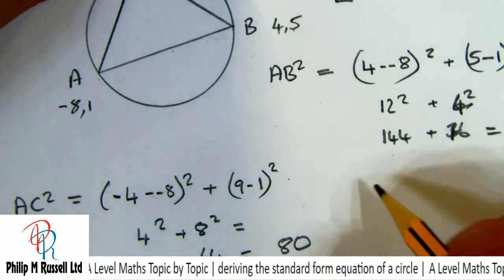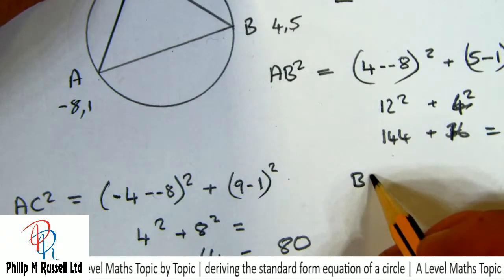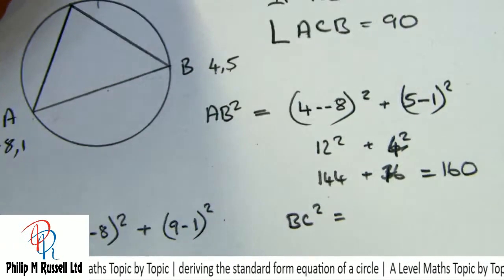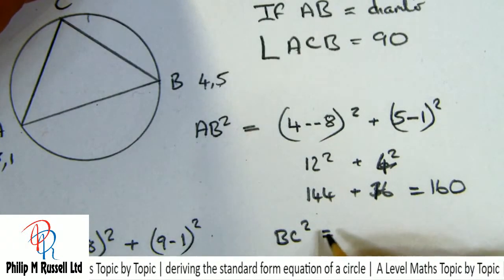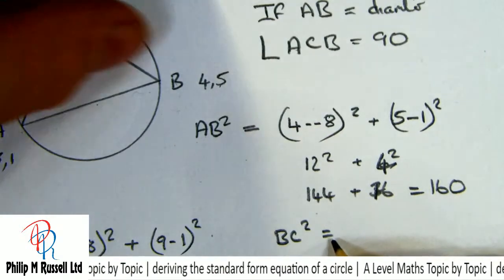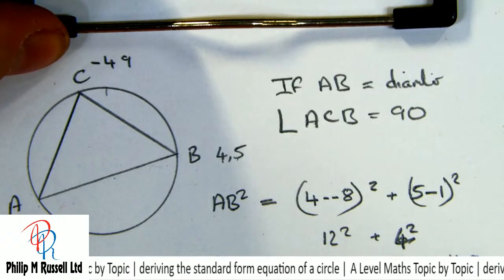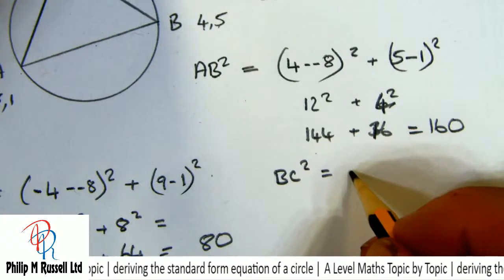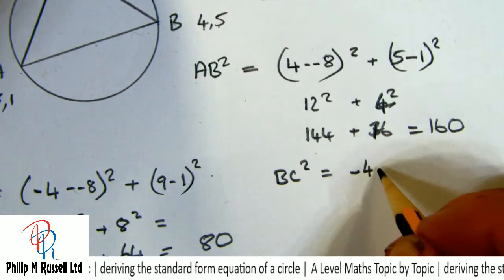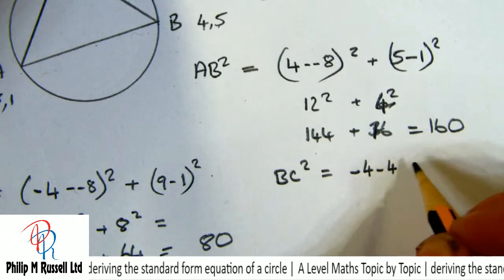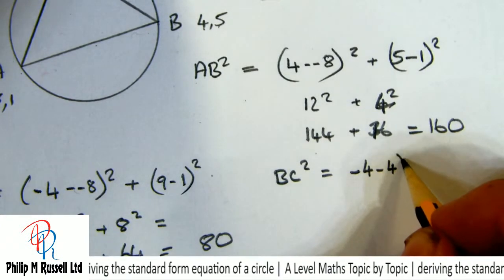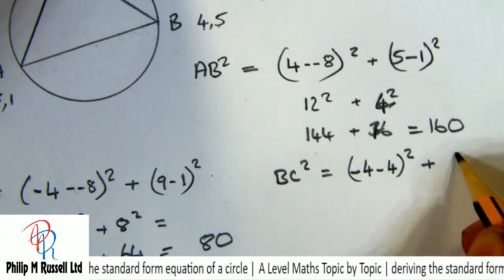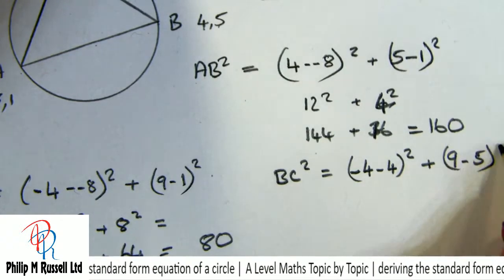Let's look at the other line. Let's do BC squared here. BC squared then is going to be, looking at it, minus 4 minus another 4, squared, plus 9 minus 5 all squared.